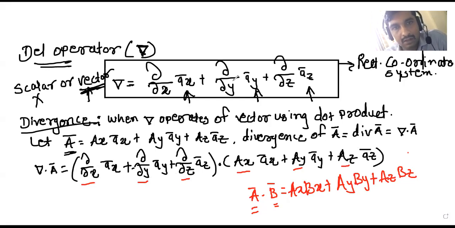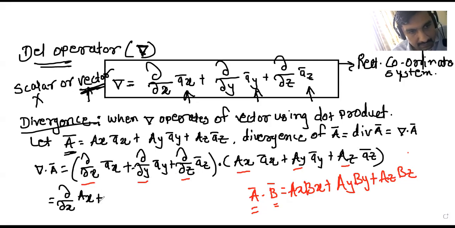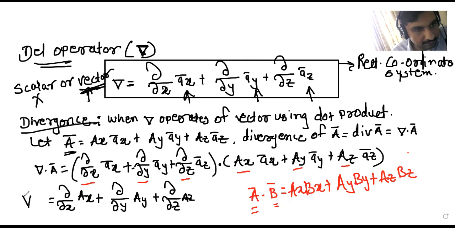So in short, the final answer for the divergence of a bar is equal to dou by dou x of ax plus dou by dou y of ay plus dou by dou z of az. So this is the final answer for any divergence.